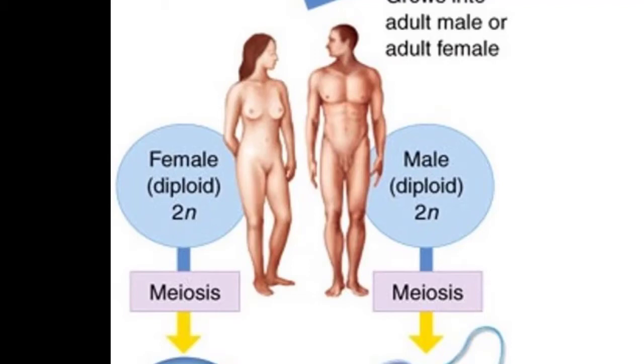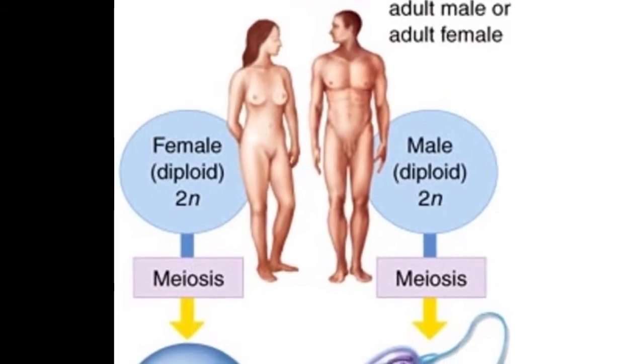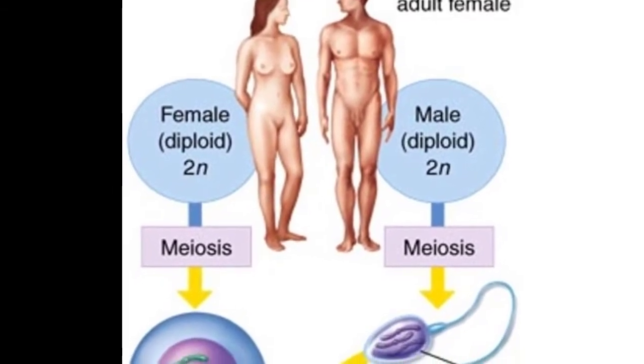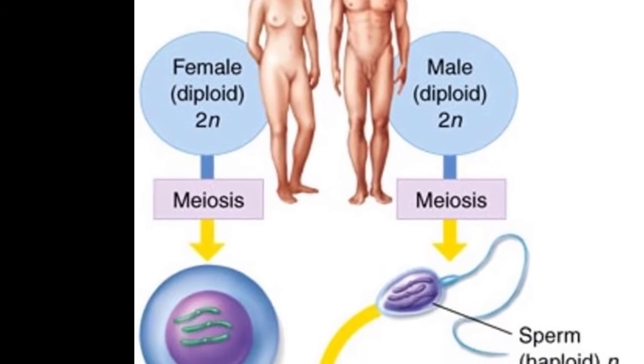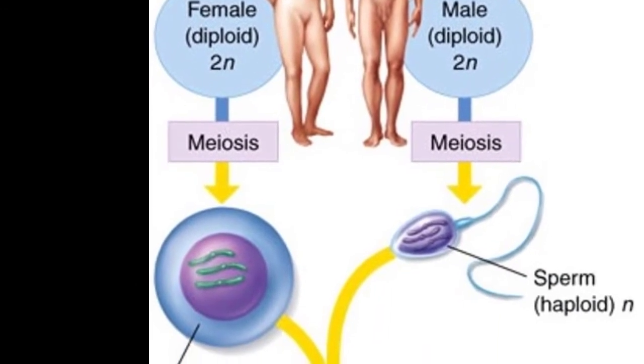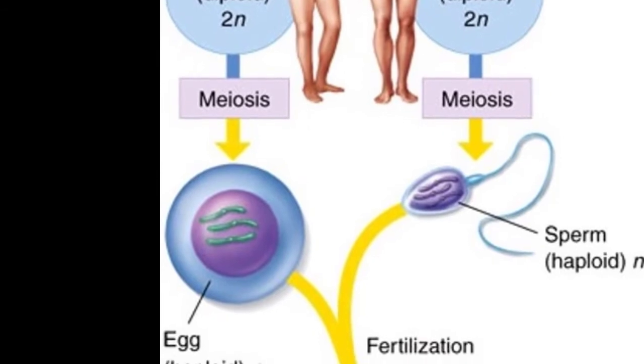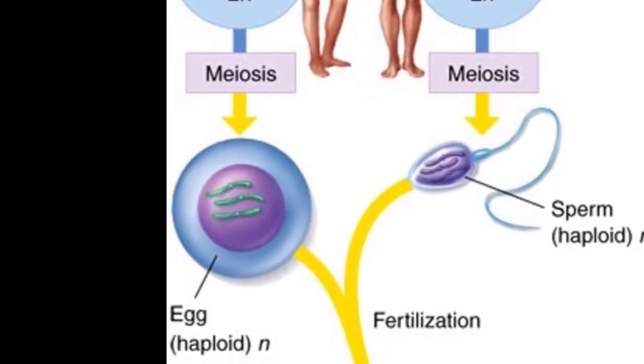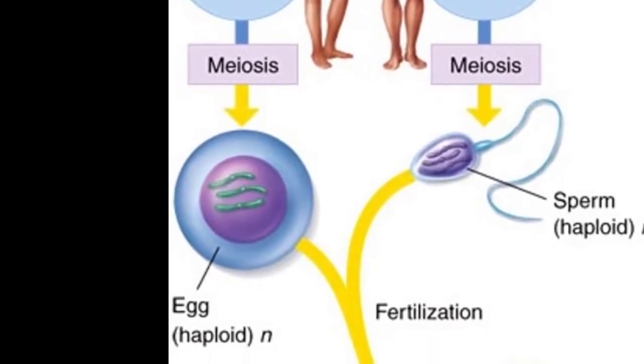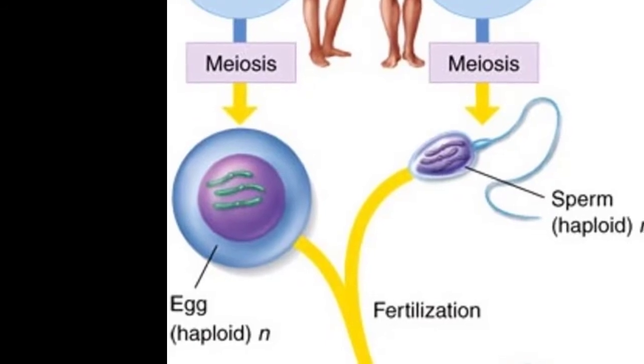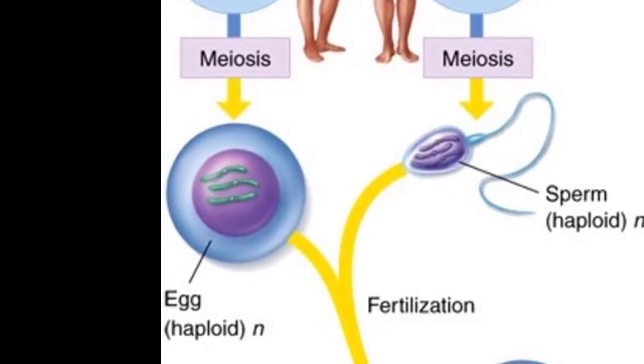In order to reproduce, we have to create cells that contain only 1 set of those unique chromosomes. These are the egg and sperm. And the process by which we create those cells is called meiosis. Meiosis produces haploid cells that contain only 1 set of chromosomes.